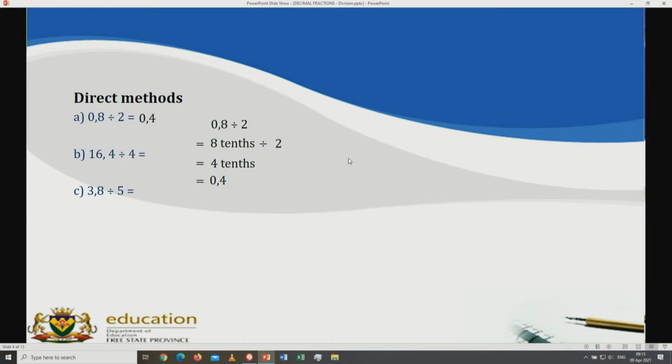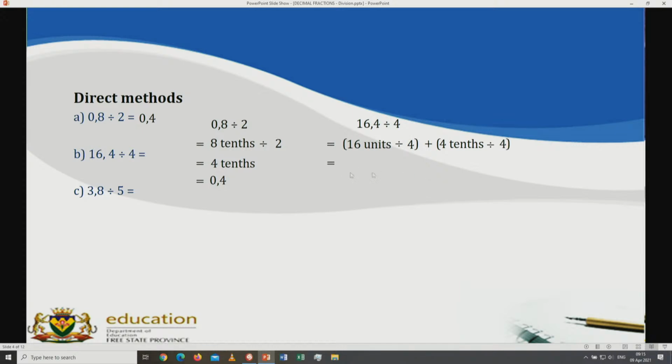The second one, 16,4 divided by 4. What we have here is 16 units divided by 4 plus 4 tenths divided by 4.